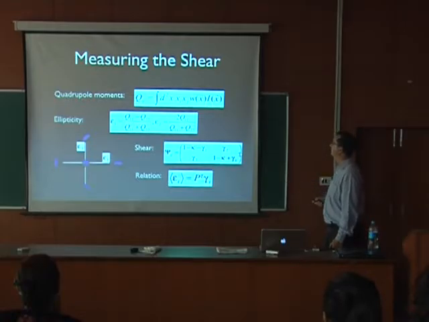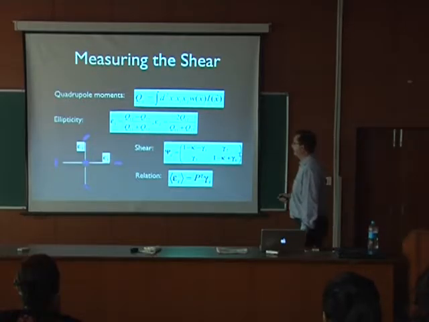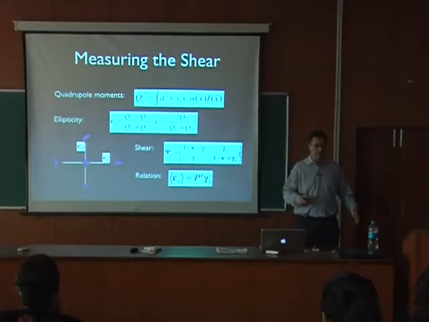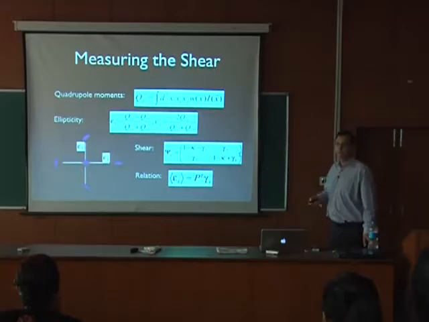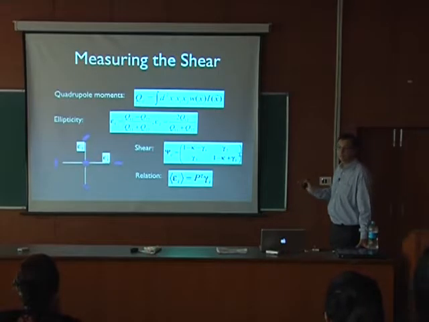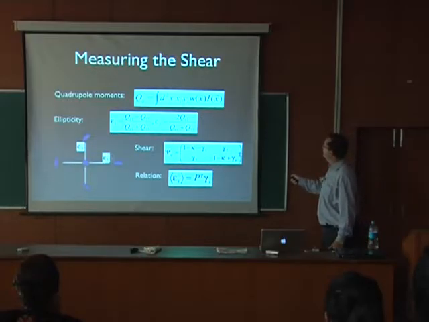So why are quadrupole moments the lowest order shape information? Well, let's think about this, at least in terms of moments. If we took the 0th order moment, let's forget this W for the moment. I'll come back to that in a minute. Let's suppose this W is equal to 1, so it can be neglected. In general, the 0th order moment would be the integral d2x times I of x times something to the power 0, so it's basically 1.